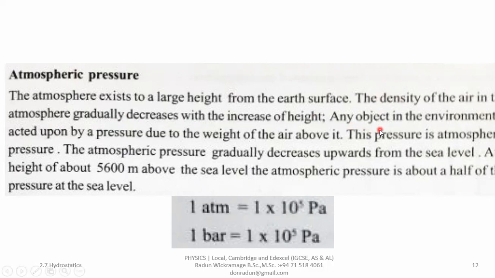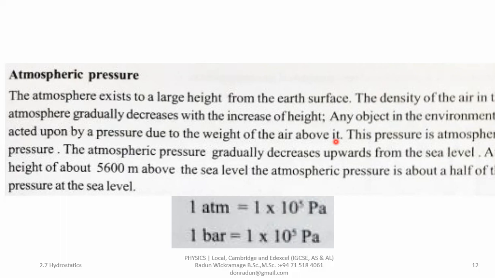Any object in the environment is acted upon by a pressure due to the weight of the air above it, right? So you might be wondering why astronauts wear that kind of very bulky suit. Actually, that is providing atmospheric pressure.